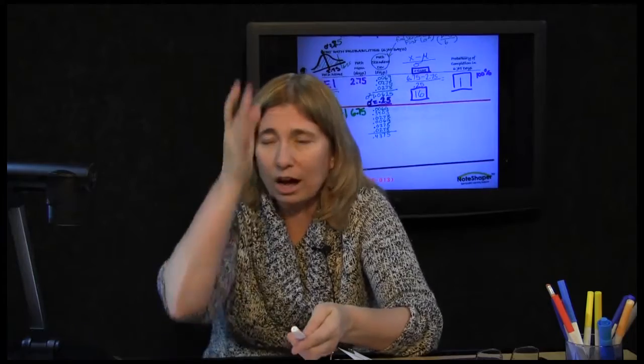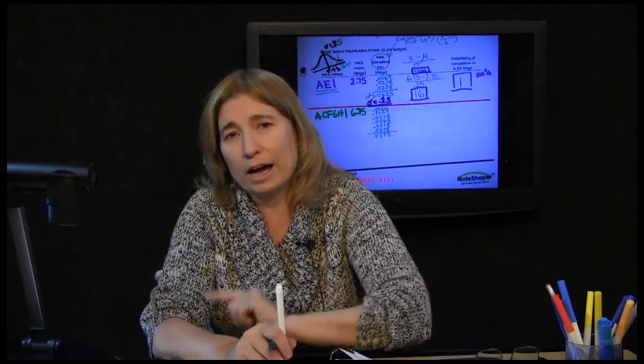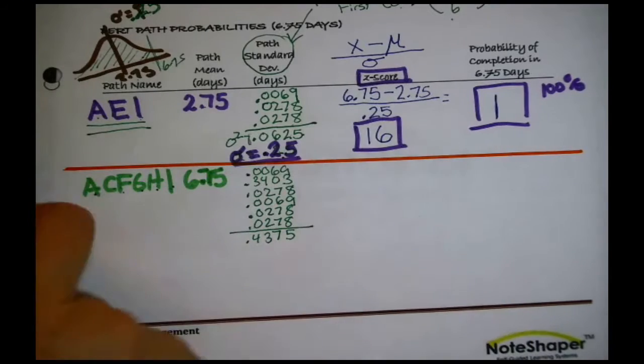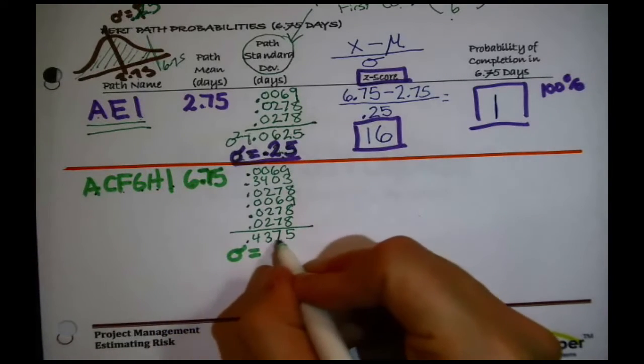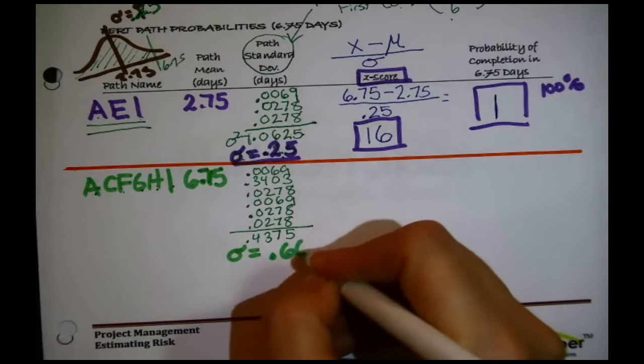Oh, now for the z-score, what we want, and what this column is labeled as the standard deviation, now that we've done the adding, we take the square root. Okay, so that's a standard deviation. Take the square root of that right there, and I get about 0.66. Okay, good.